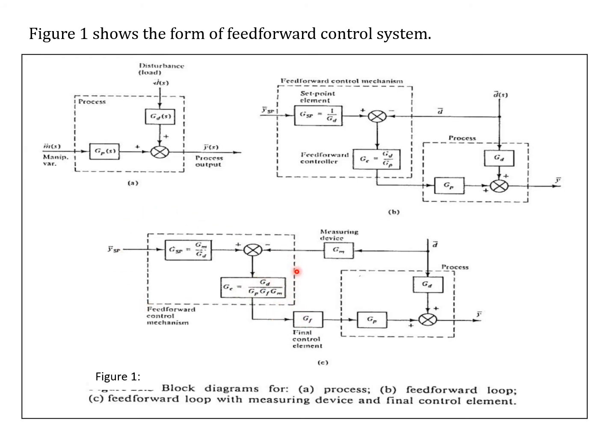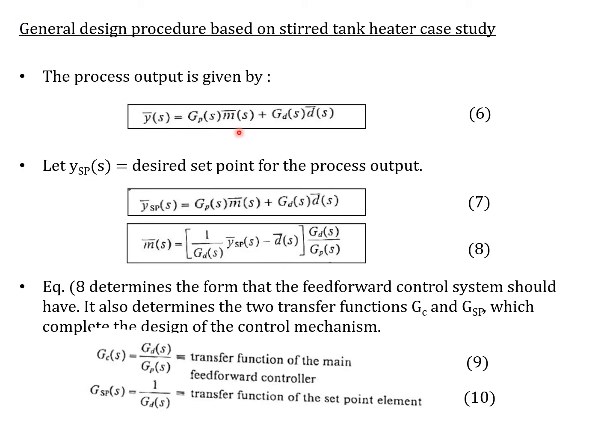The slight difference is the addition of the GM and GF blocks of transfer functions, the measurement element and the final control element. We put it in terms of equation again: the process output will be GP times the manipulated variable M plus GD times the disturbance.